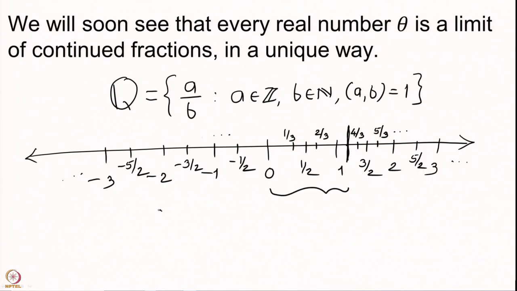And it is clear that any real number is always a limit of rational numbers. So, this is expressed by saying that the set of rational numbers is dense in the set of real numbers. There are many ways to obtain the sequence of rational numbers converging to a given real number.